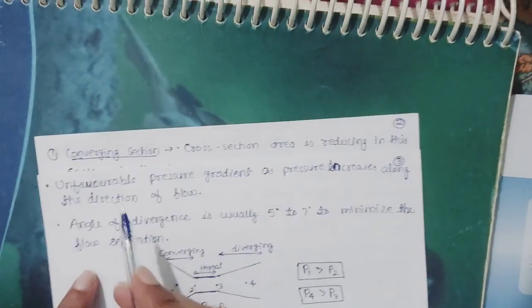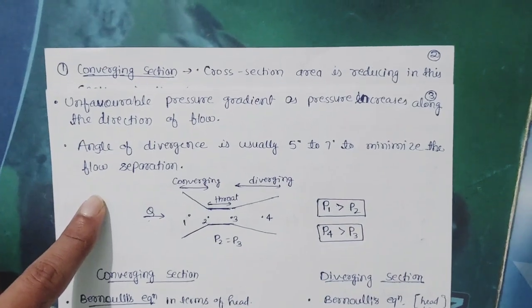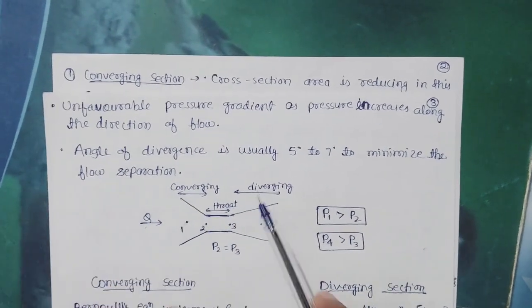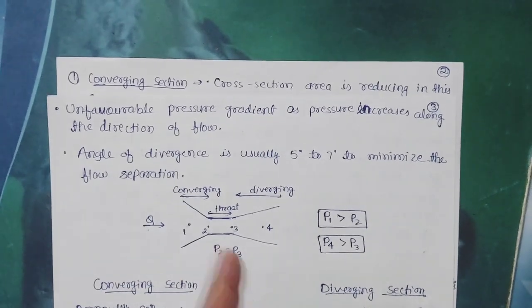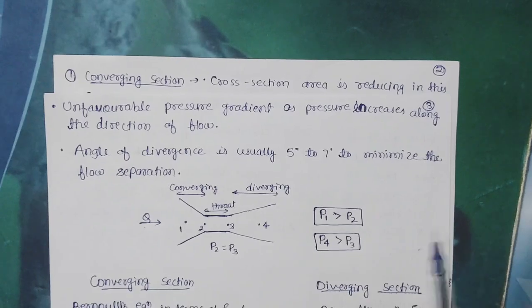So here will be an unfavorable pressure gradient as pressure increases along the direction of flow. The angle of divergence is usually kept between 5 to 7 degrees to minimize flow separation.